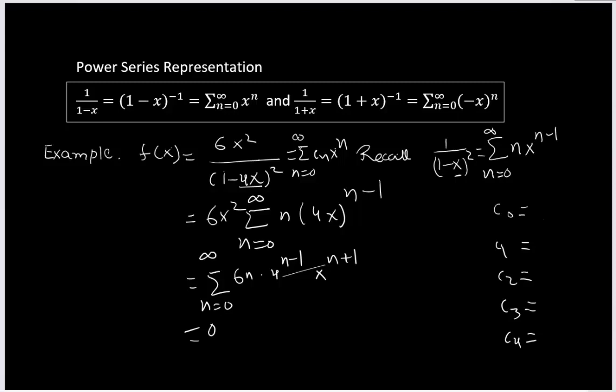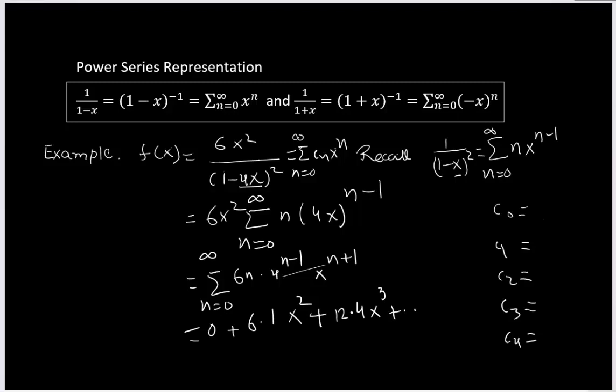When I say n equals 1, then I'm getting 6 times 1 is 6, and then 4 to the n minus 1, so 1 minus 1, that will be 1 here, and then you have x, because n equals 1, so it will give you x squared. All right. Next, when you say n equals now 2, so 6 times 2 will be 12 times 4, and then next to the 3, right? And you can continue.